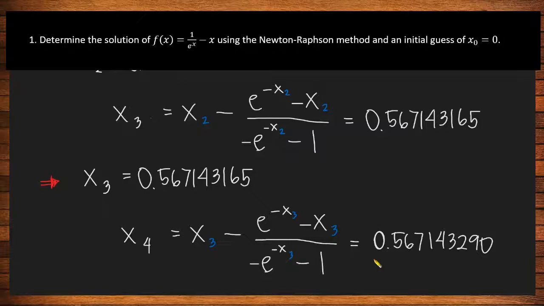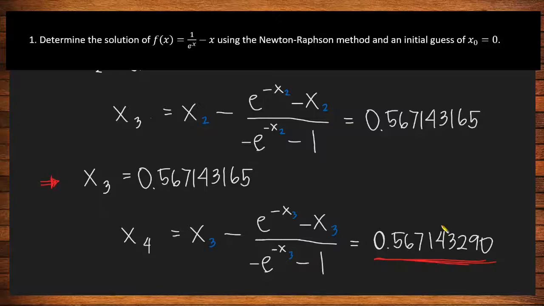Or in this case, makikita natin na yung value ng new estimate natin is very, very close to our previous estimate. You can solve for the relative error here, and yung relative error natin actually dito is very, very small na. So we can just stop here.